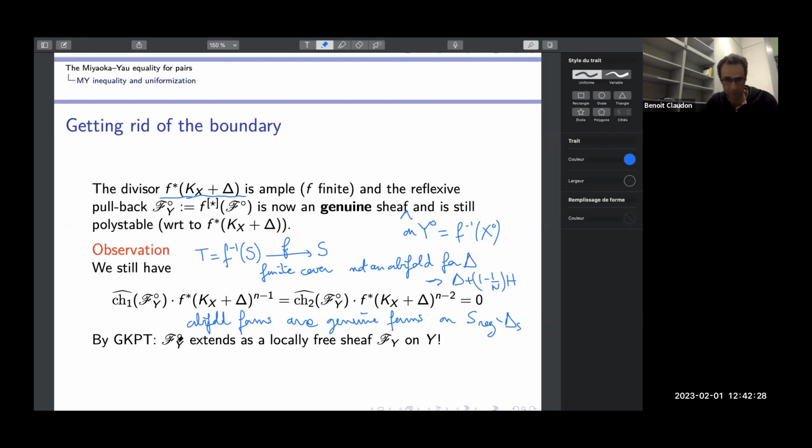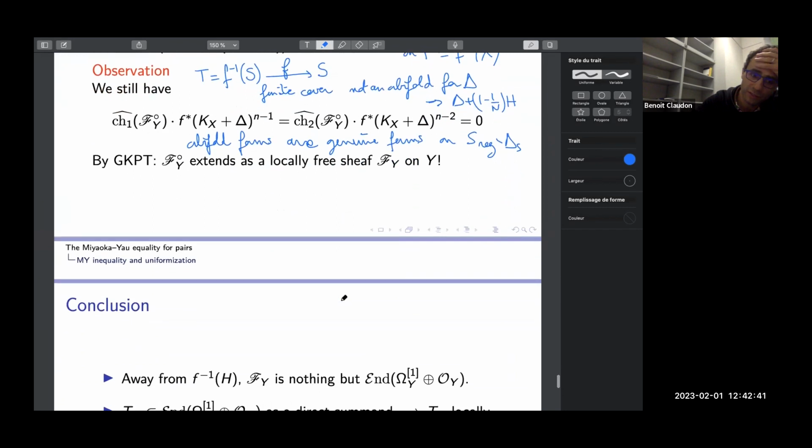So E naught Y, defined on a big open set of Y, is stable, polystable, and it satisfies the Chern classes equality.